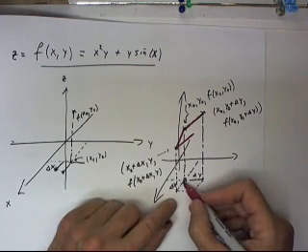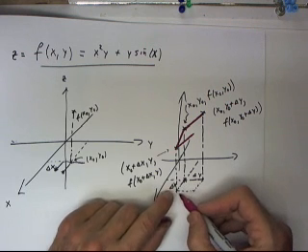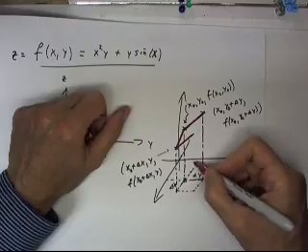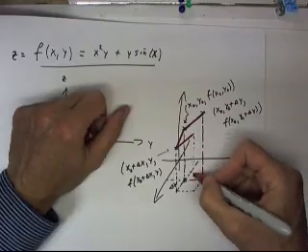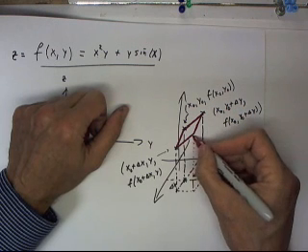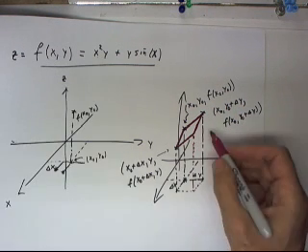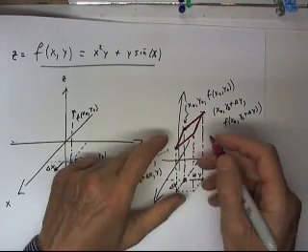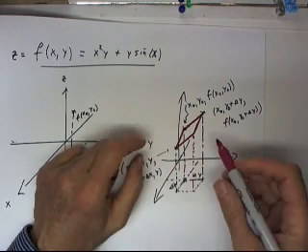Similarly, moving a small distance delta x isn't going to change the way the function behaves too drastically, so we can complete a picture of a section of this graph of f of x, y.